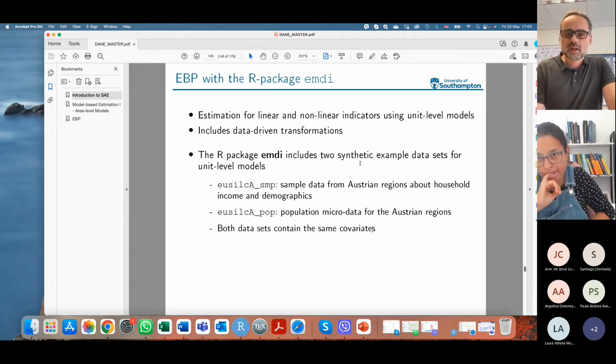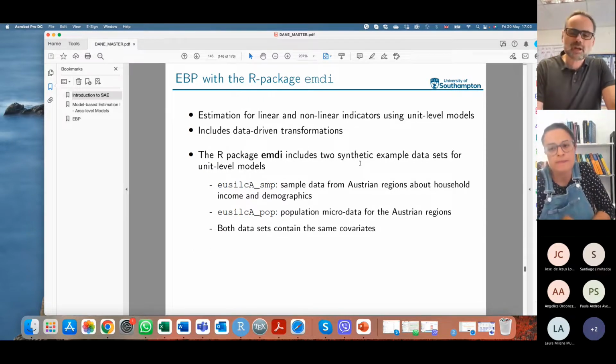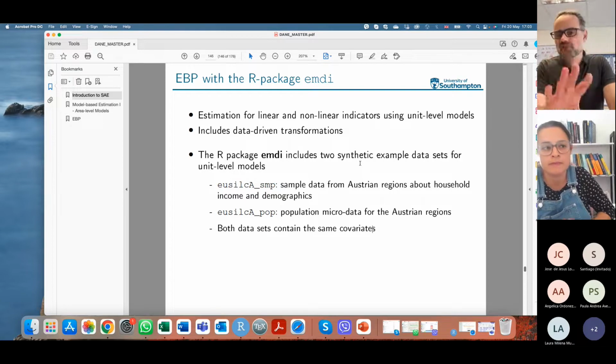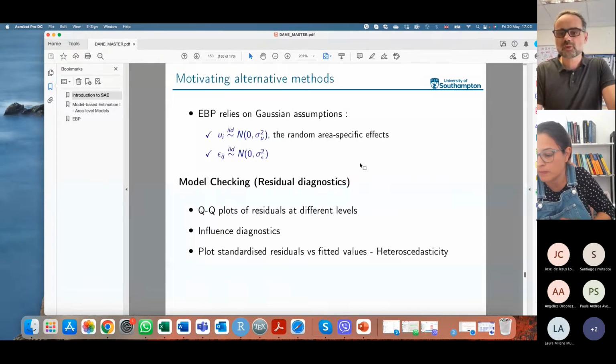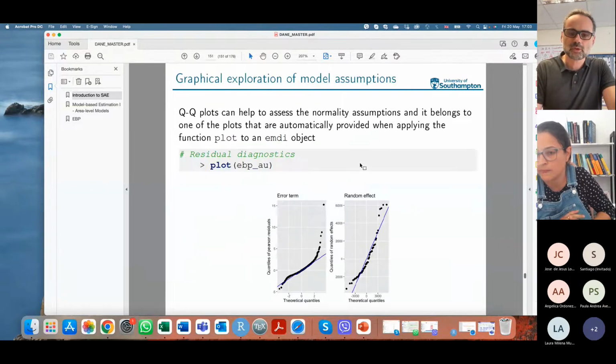Okay. I'm going to stop here. We are already at 11 o'clock your time, 5 o'clock our time, and this is a good point to stop. On Monday, I will start with some applications of the EBP method using the EMDI package, and then I'm going to show you how to fit these models.